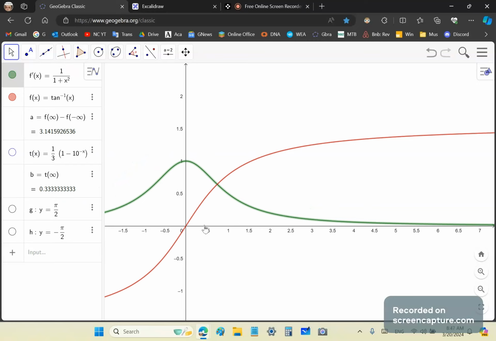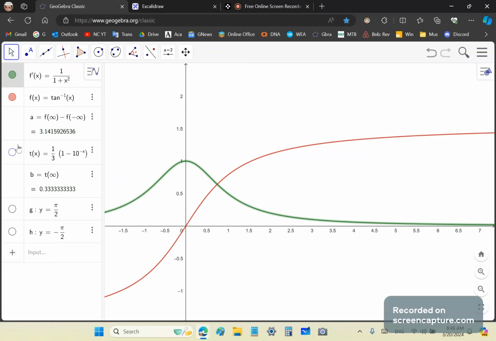But that's wrong for several reasons. First of all, the area between this part of the curve down here and the x-axis is negative, and the area on top of the x-axis is positive. So if anything, the areas should cancel each other out. But because of the way the fundamental theorem is stated, this area turns into a positive value.